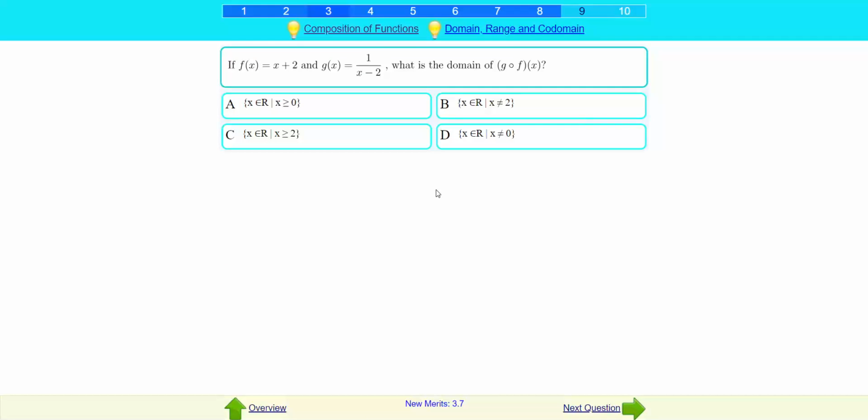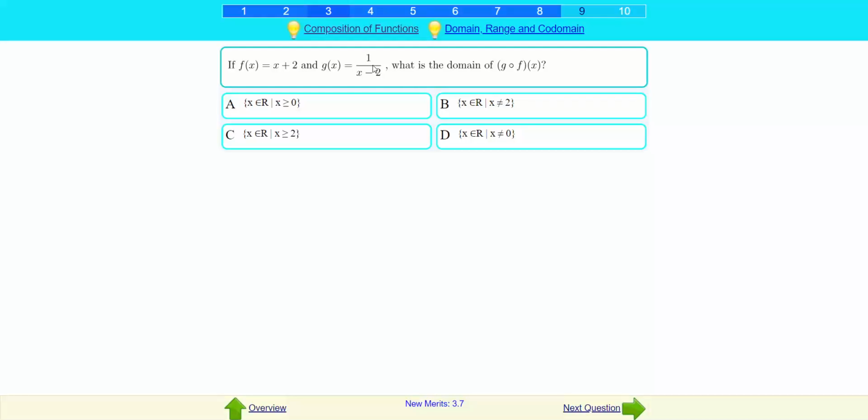Alright, so if f of x equals x plus 2, and g of x is 1 over x minus 2, what is the domain for the composition? So we start off with f of x, then you apply this here.